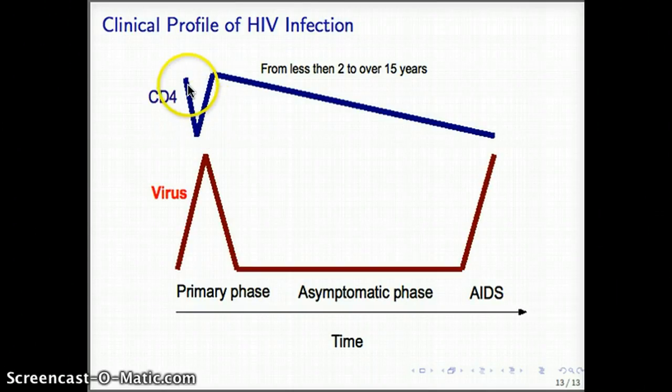In phase one, you can see how they lower a little bit, but then they are stimulated by the large amounts of viral load. But once the asymptomatic phase kicks in, the CD4 counts become very low. What we will see next has to do with mathematical models that address some of these dynamic features. Just stay tuned.